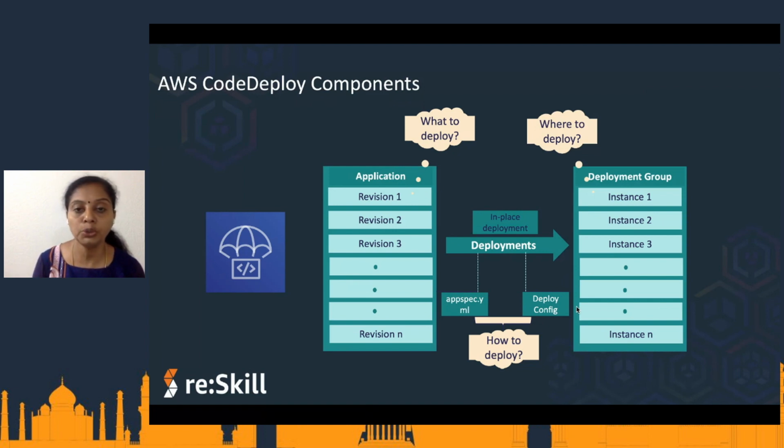So what options do you have here? You can deploy one server at a time, or half of the servers at a time, or all at once. So we have three different configurations based on which you can do the deployment. Basically, all that matters when we talk about CodeDeploy is what you want to deploy, where you want to deploy, and how you are going to deploy it, right?